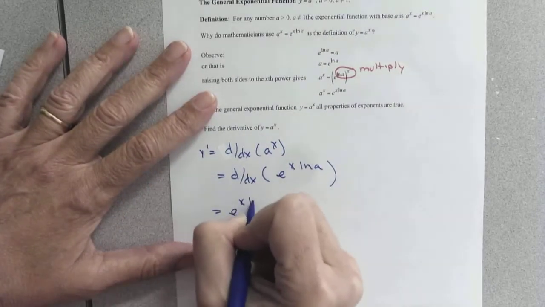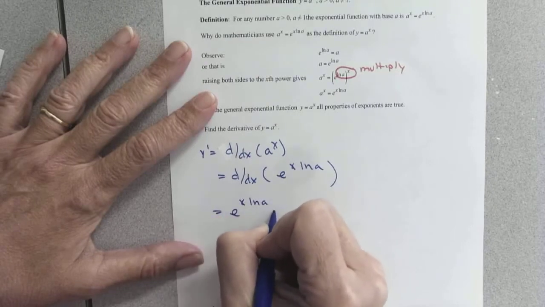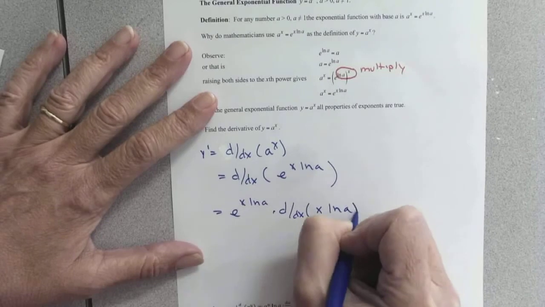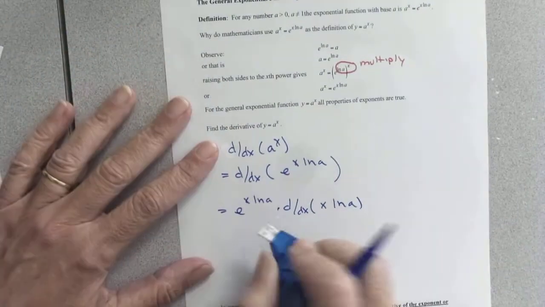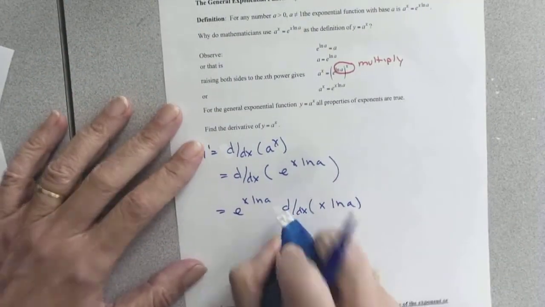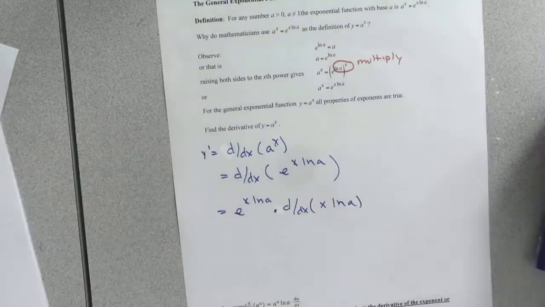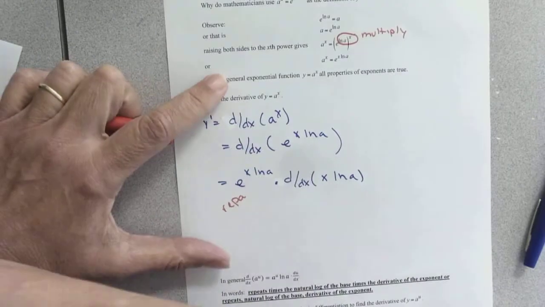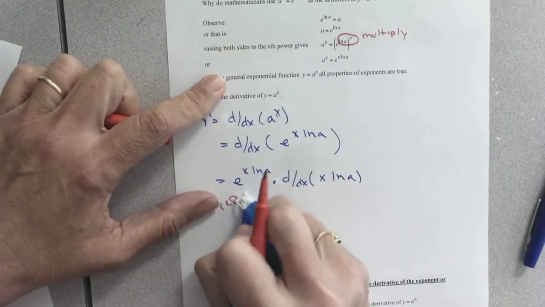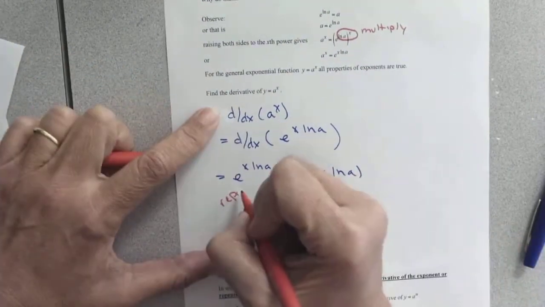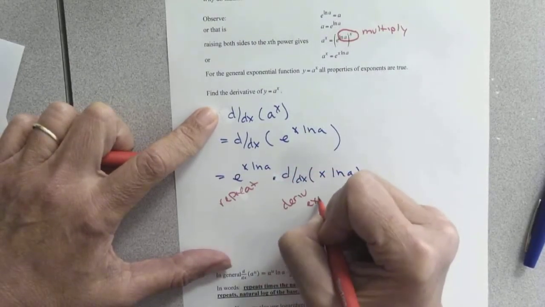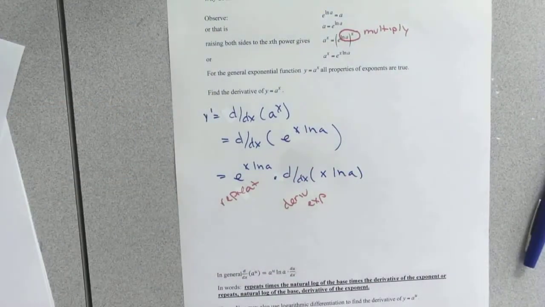Natural exponentials repeat, derivative of the exponent. Repeat, derivative of exponent.